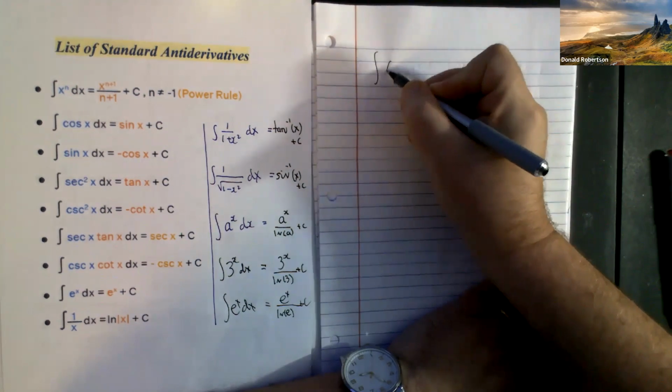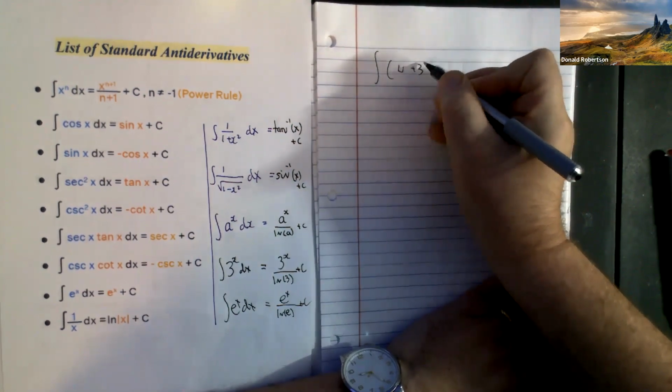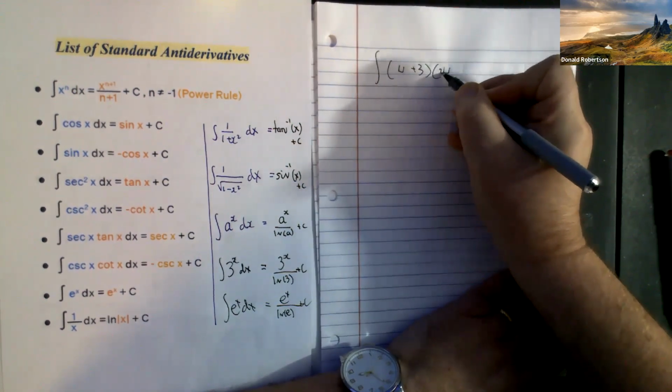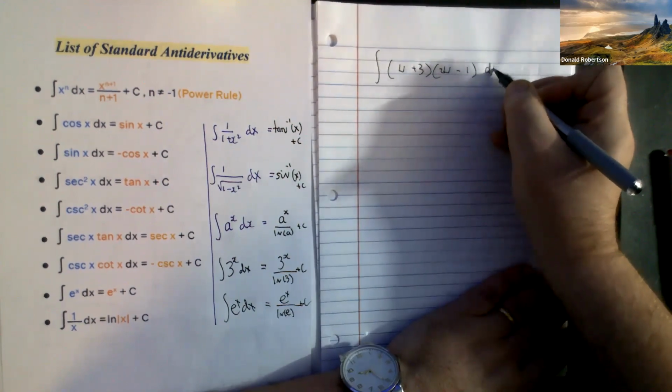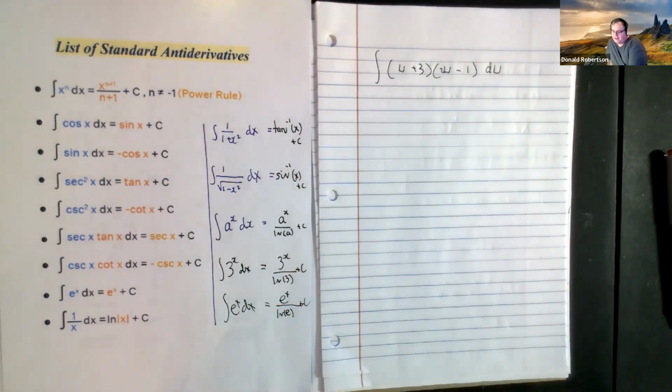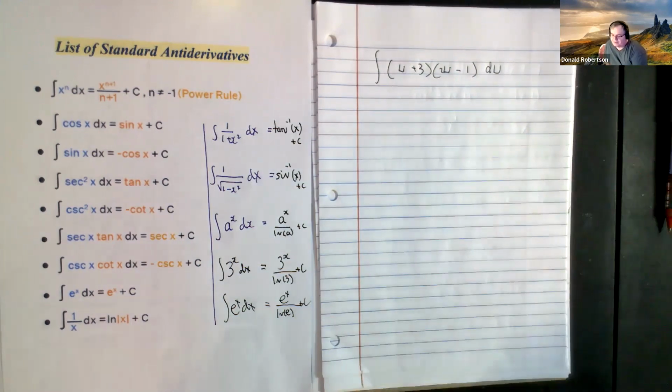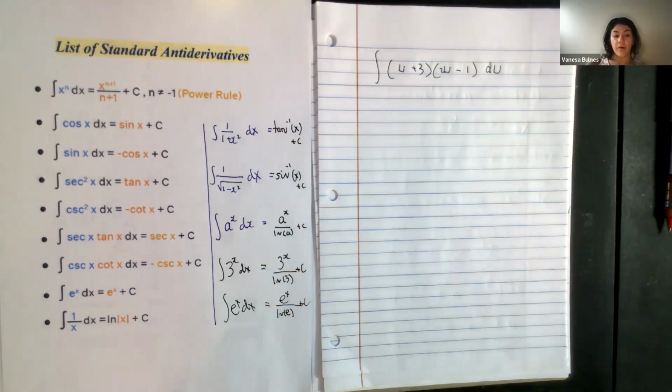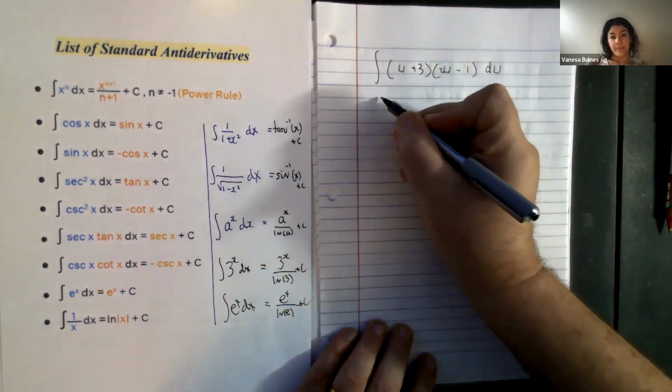What would you do with this question? Tell me the first thing I would need to do to this question before I could do the antiderivative, which would probably be a power rule. Foil? You'd foil.